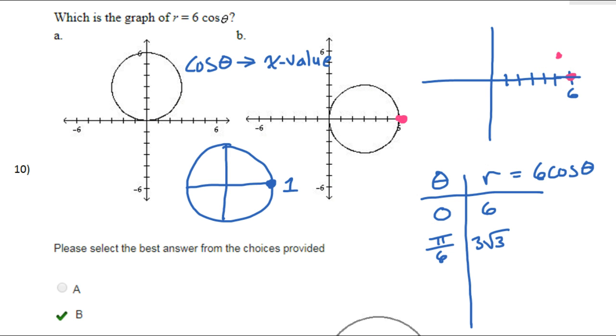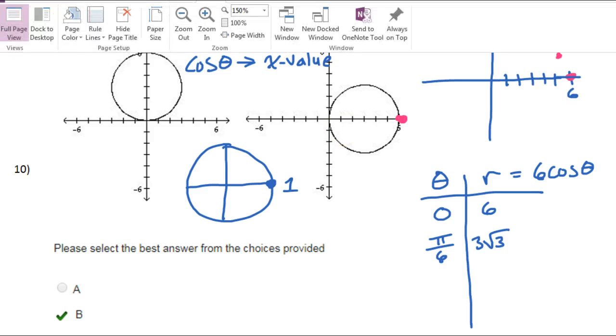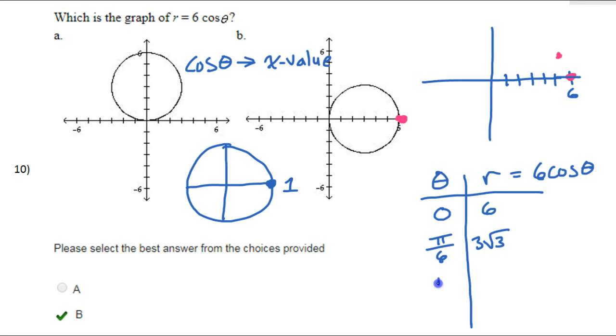Let's go to 45 degrees, which is pi over 4. So that'll be my next number. At pi over 4, the cosine is radical 2 over 2. But the r value is 6 times that, so it's going to be 6 times radical 2 over 2, which is 3 radical 2.